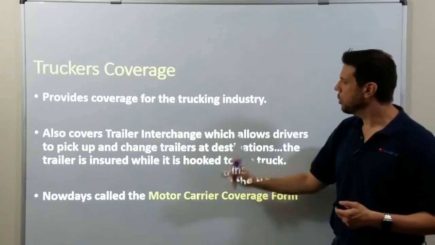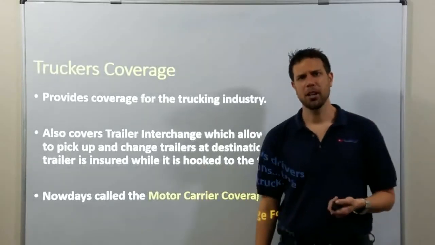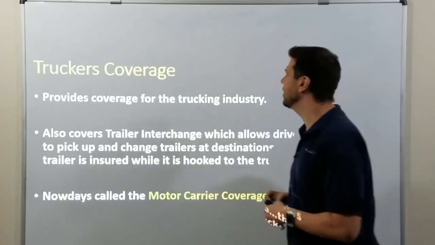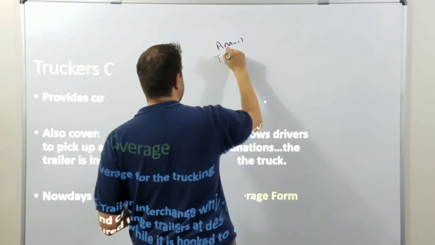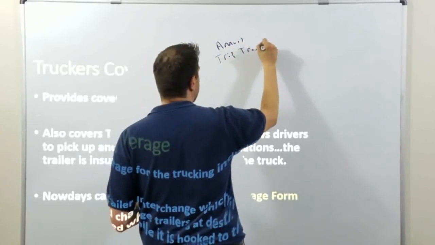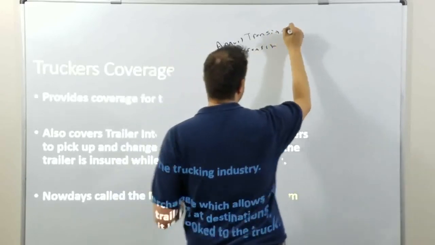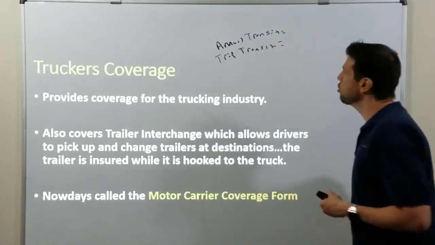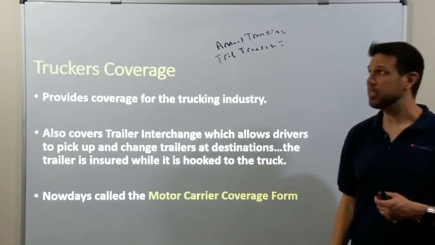Truckers is also known as motor carrier coverage form. We've kind of already talked about that. Truckers insurance you can also buy as an annual transit or trip transit insurance. This is not very important, but annual transit covers the trucker for the entire year. So they can go anywhere across the whole United States.